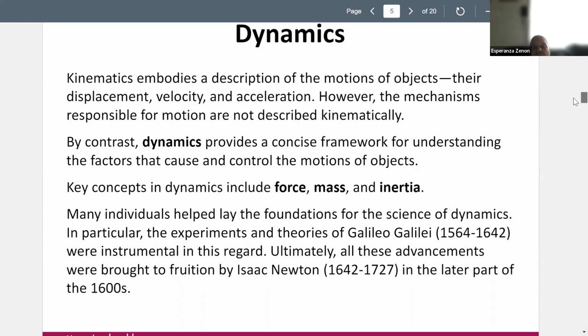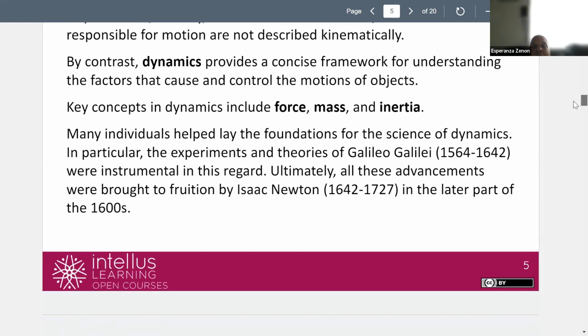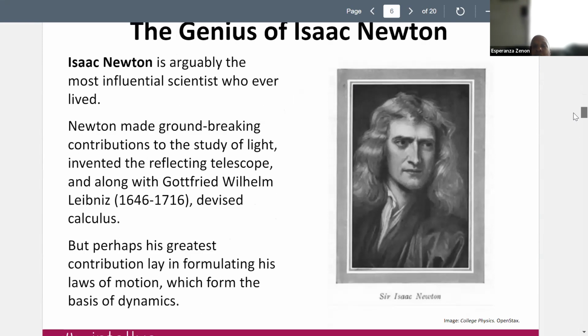And so, there's so much that we do at this level of physics that is a direct result of Isaac Newton's genius and his capability of mathematically describing moving objects in the most correct way at that particular time.